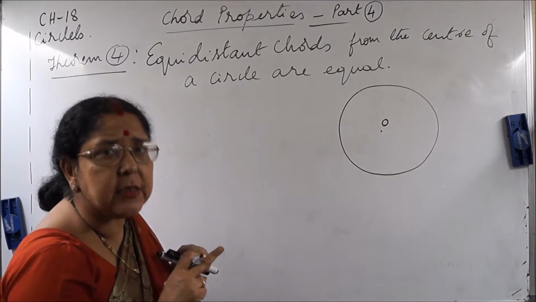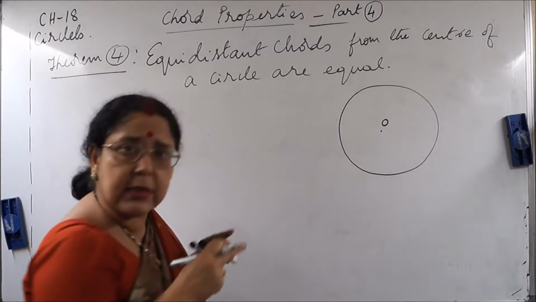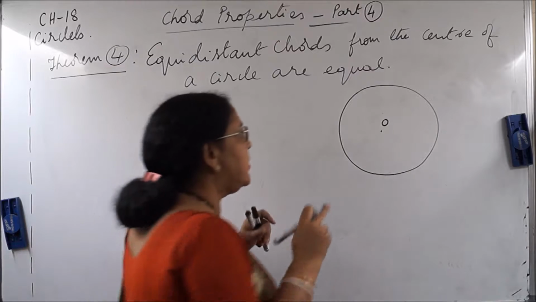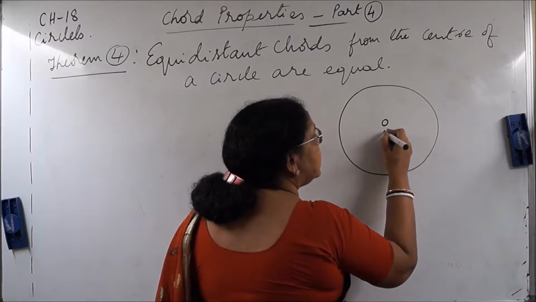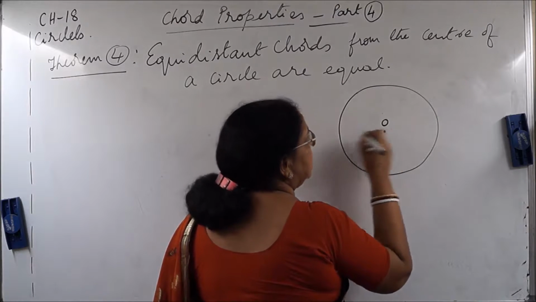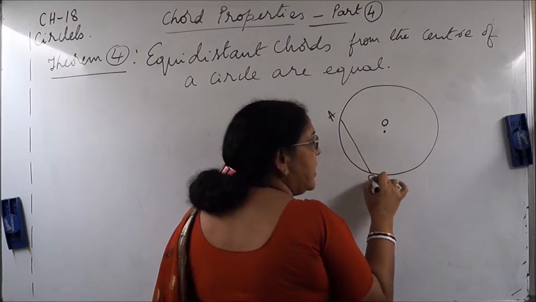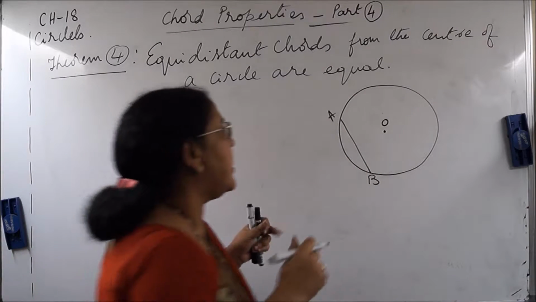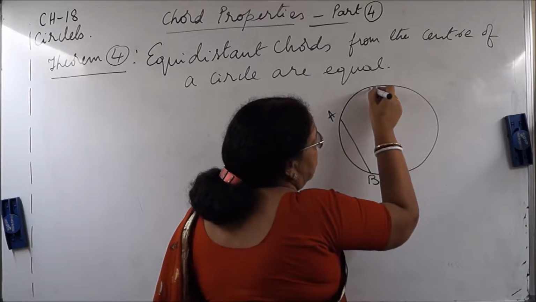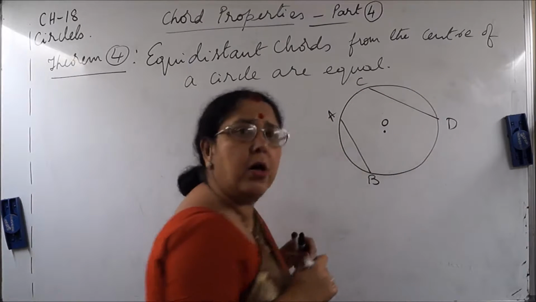Equidistant from the center means the perpendicular distance of each of the chords from the center of the circle are equal. We only know that the chords are equidistant from the center. Here we are not aware whether they are equal or not. We will verify whether chord AB and chord CD are equal or not.